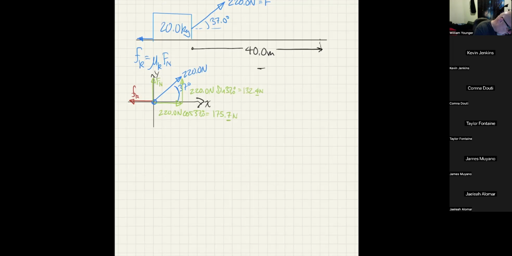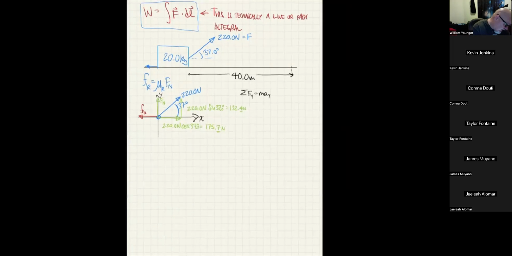Now the summation of the forces in the y direction has got to equal mass times acceleration in the y direction. Now in this case, I'm just trying to slide a crate across the floor of Home Depot, say, right? So what do you expect the acceleration in the y direction to be? Anyone?